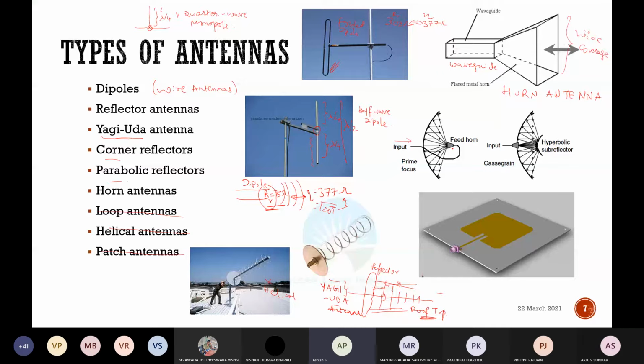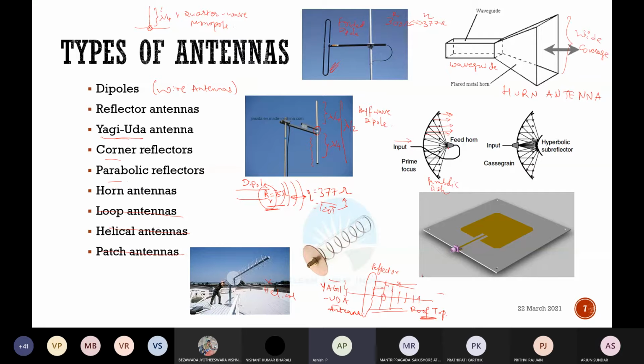Its radiation will fall on this parabolic dish. These will be spherical wavefronts when they fall on this reflector surface, and after reflecting they convert into plane wavefronts and get radiated.